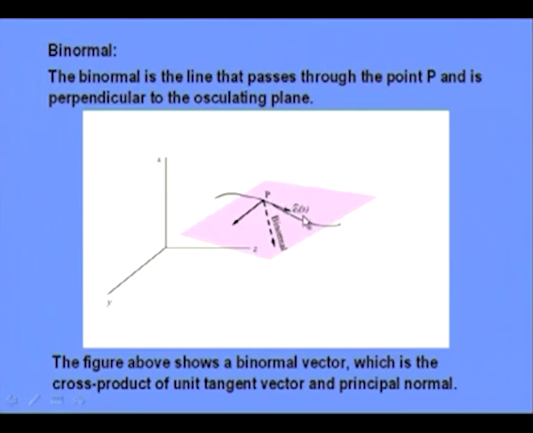This is shown here. Binormal is basically the cross product of the unit tangent vector ETS and the principal normal. It is a cross product which will be perpendicular to both these vectors.